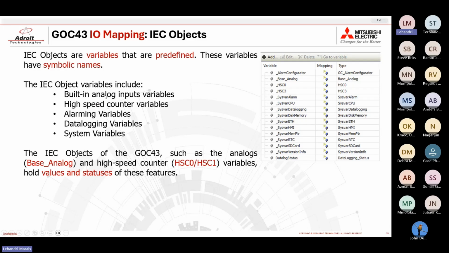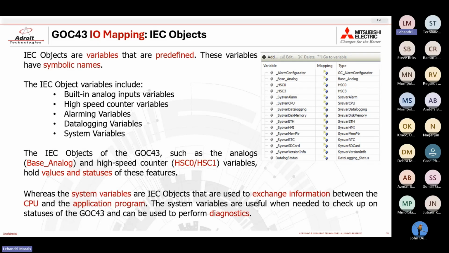So for the features of the GOC, which includes your analogs as well as your high-speed counters and your alarming and data logging, these variables store values and statuses associated with these features. Whereas the system variables are IEC objects that are used to exchange information between the CPU and the application program, and are mainly used for checking up on the statuses of certain parts of your GOC, as well as for diagnostics.